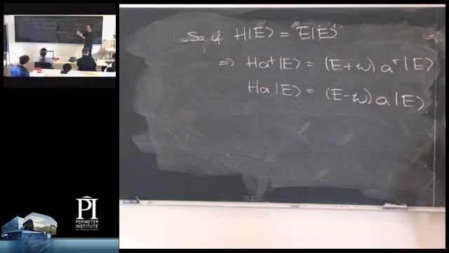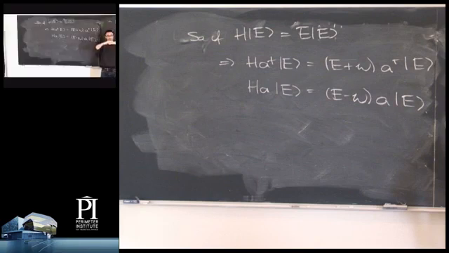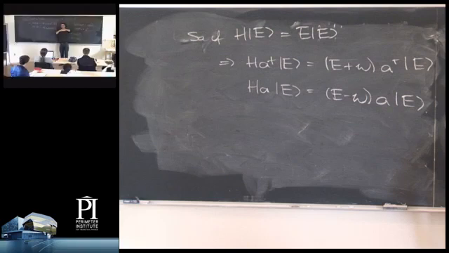Okay, so we get this tower of energy eigenstates. If there's one with energy E, there's another with energy E plus omega, and another with energy E plus 2 omega, and so on. And there's one with energy E minus omega, and E minus 2 omega, and so on. But at some point, if we want a spectrum which is bounded below, this had better stop.